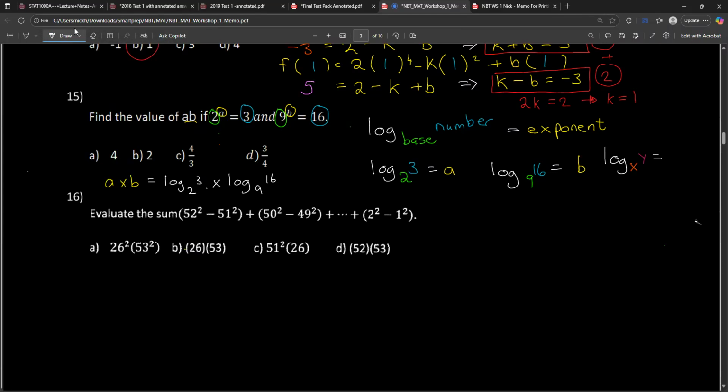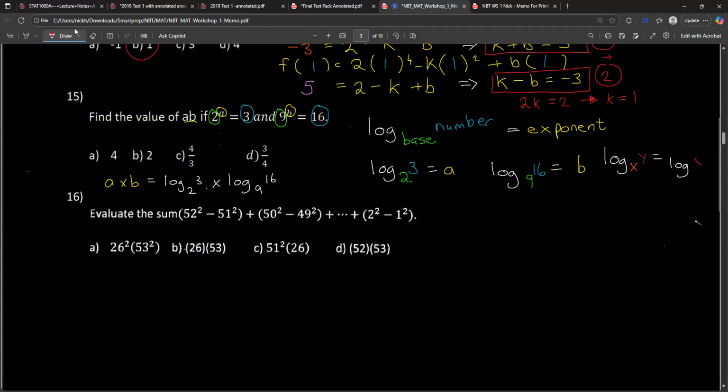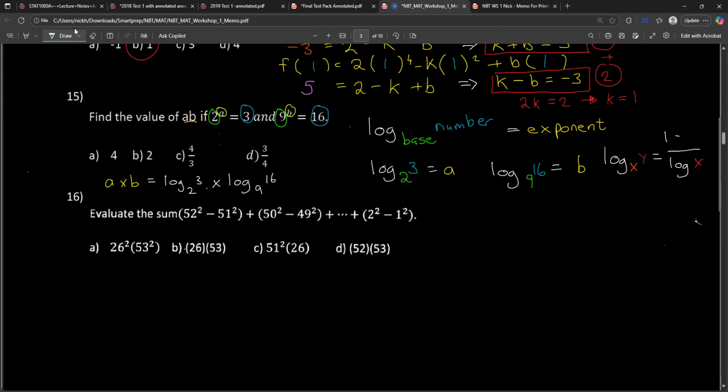Now, what you can do when you see this is you can move one thing to the top. Notice the x is a little bit at the bottom anyway, so that goes to the bottom. So this is just a way you can write it: log y at the top and log x at the bottom.